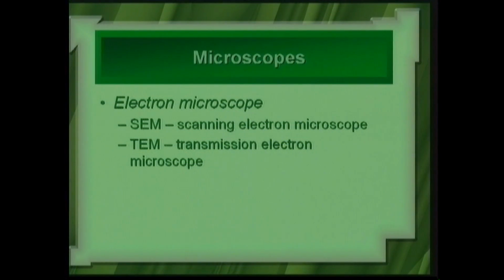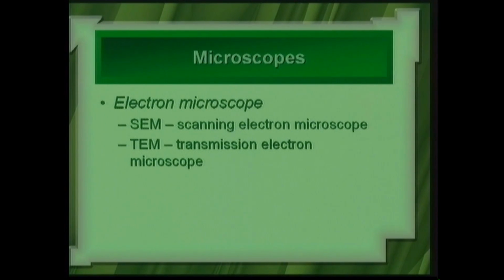Secondly, we also have something called a TEM, also known as a transmission electron microscope. The transmission electron microscope is a tool under which you can take images of something which you're actually looking at. Electron microscopes, of course, use electrons, whereas a compound light microscope uses light that you need to shine through a specimen.